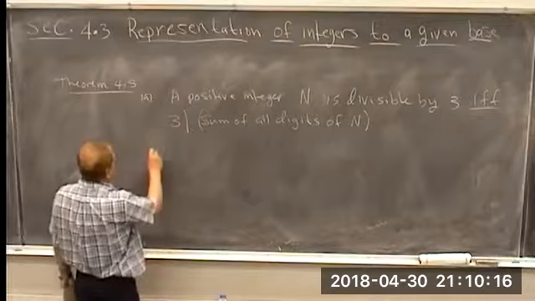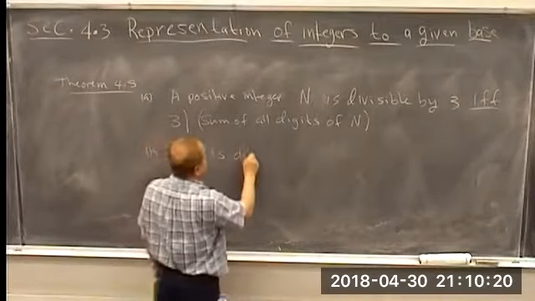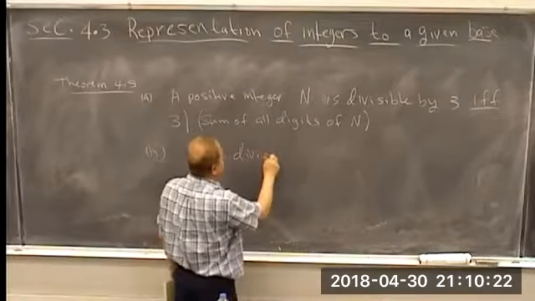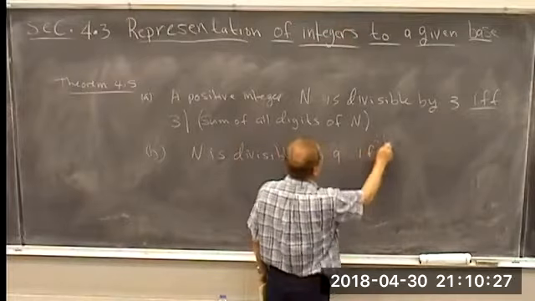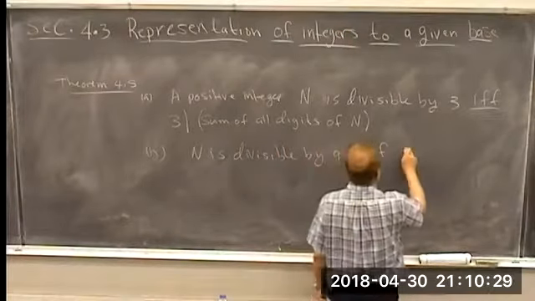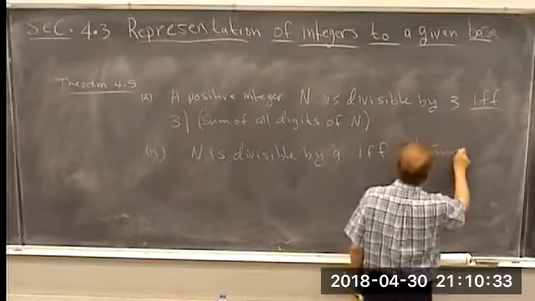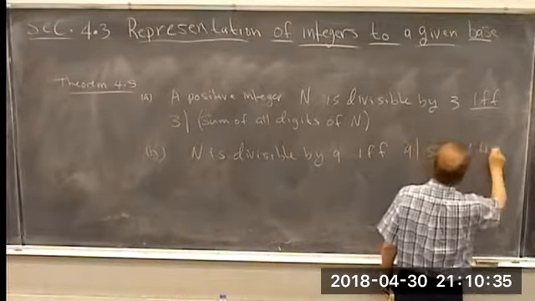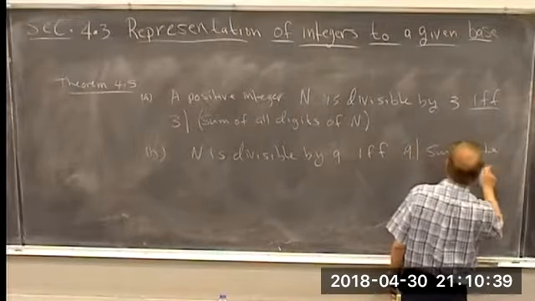Same thing for 9: n is divisible by 9 if and only if 9 divides the sum of the digits of n.